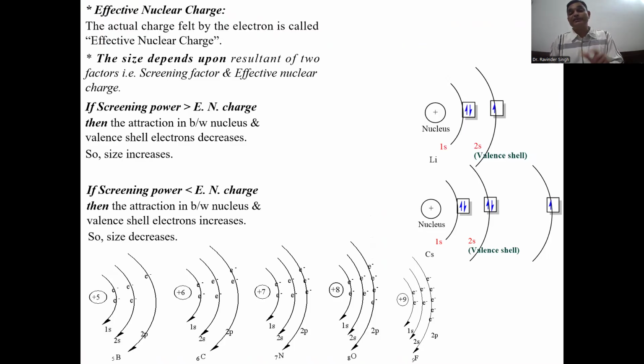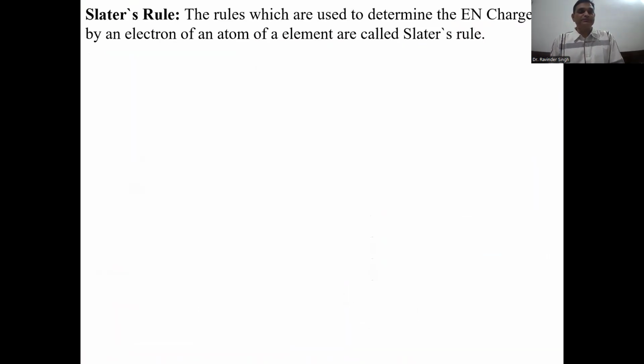We will also consider these factors during the discussion of the increase or decrease of size along the period or down the group. Now the main topic here is Slater's rule. The rules used to calculate the effective nuclear charge experienced by an electron of an atom of an element are called Slater's rule.